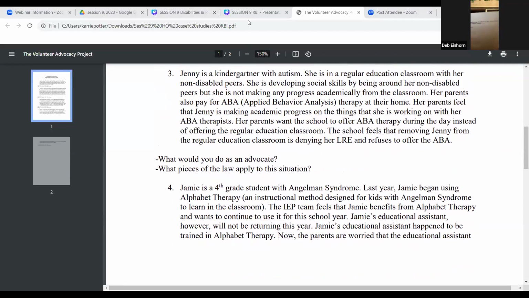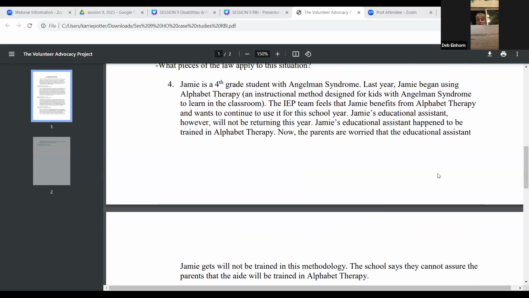Okay, and the last one says, Jamie is a 4th grade student with Angelman syndrome. Last year, Jamie began using alphabet therapy, which is an instructional method designed for kids with Angelman syndrome to learn in the classroom. The IEP team feels that Jamie benefits from alphabet therapy and wants to continue to use it for the school year. Jamie's educational assistant, however, will not be returning this year.